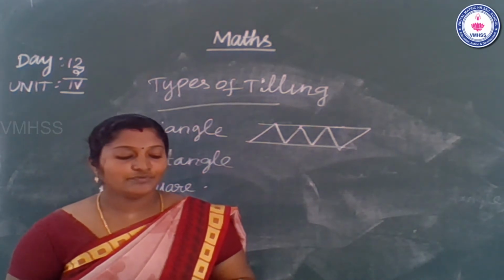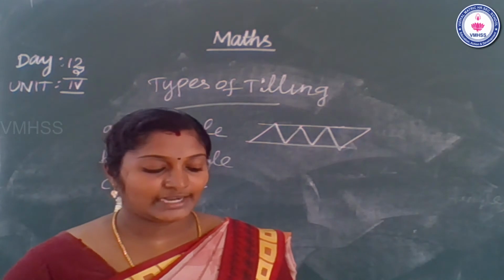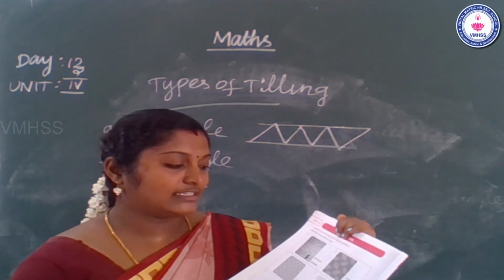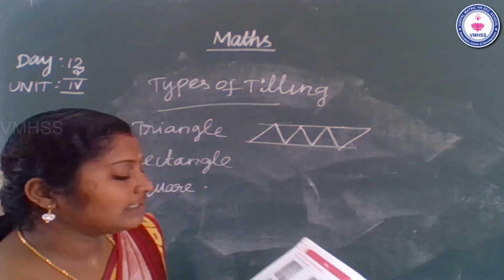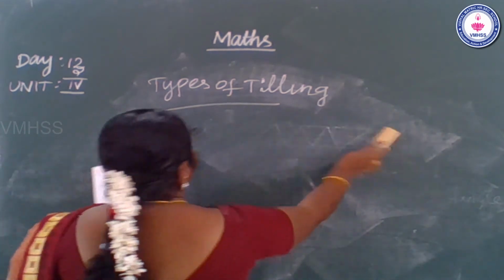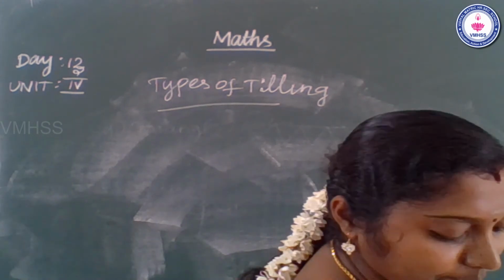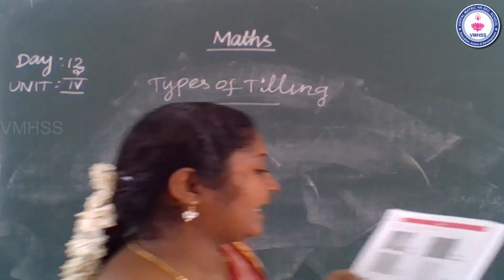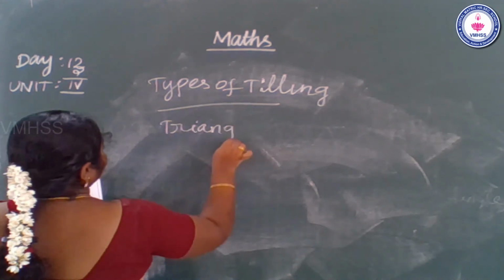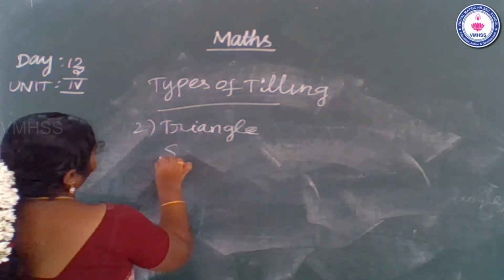Tilling. First one, identify the unit shape that is tiling by shading. First one already finished: unit shape, rectangle. Second picture, you tell the answer. The second shape is a triangle. Third picture, square.